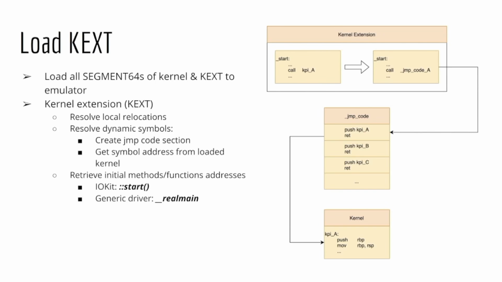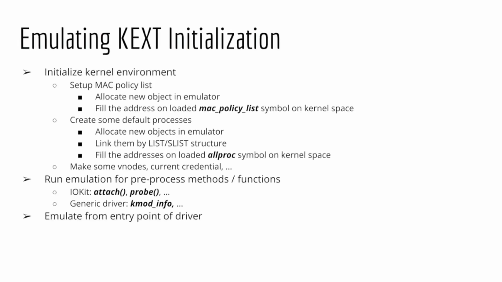Next, a driver will run from its initial function, and this entry address can be extracted from the binary symbols. For an IOKit driver it is the start method, and for a generic driver it is the address stored in the real main symbol. Before emulating the driver, I should initialize the kernel environment.